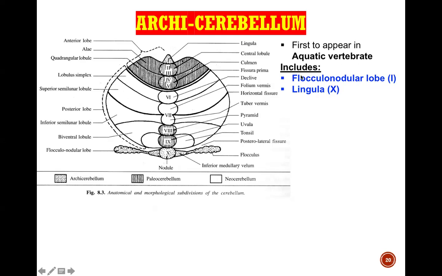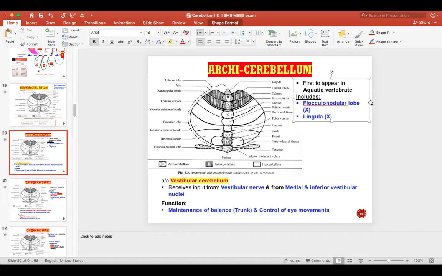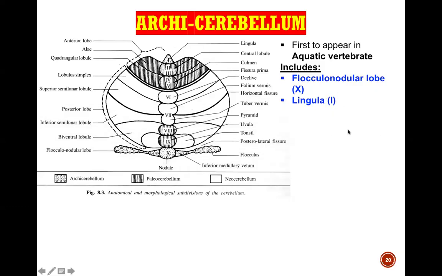The lingula should be 1 and the flocculonodular lobe should be 10. So I'll correct it right now. Okay, we have corrected this part.